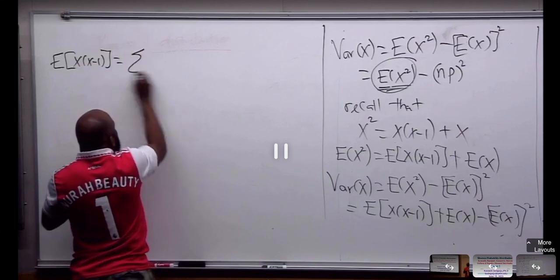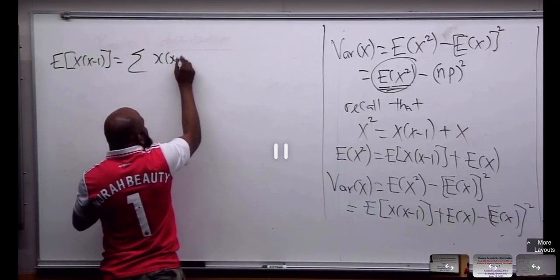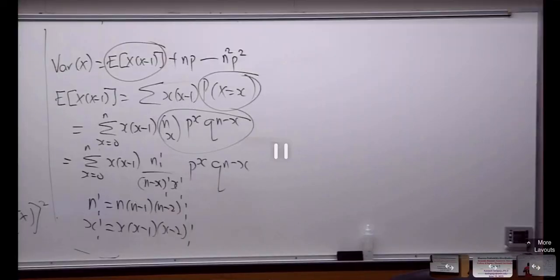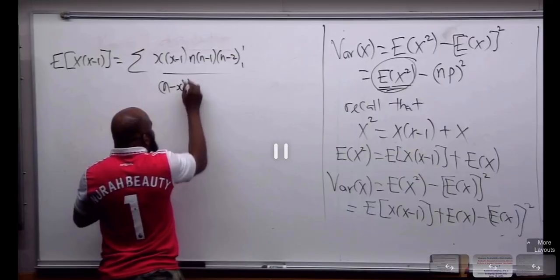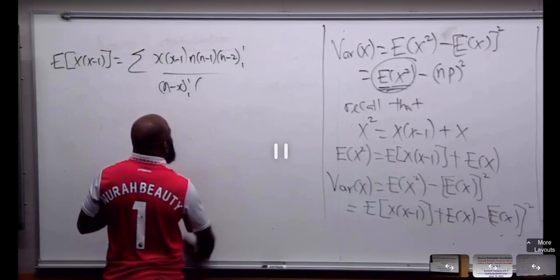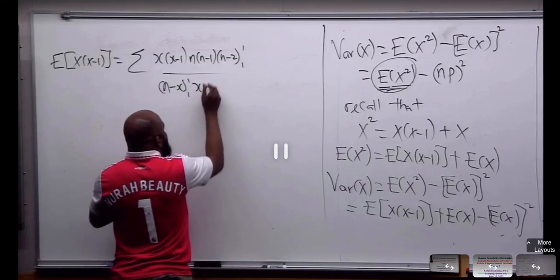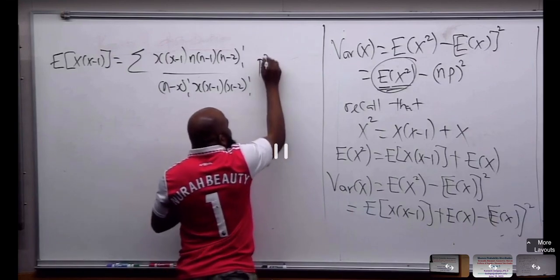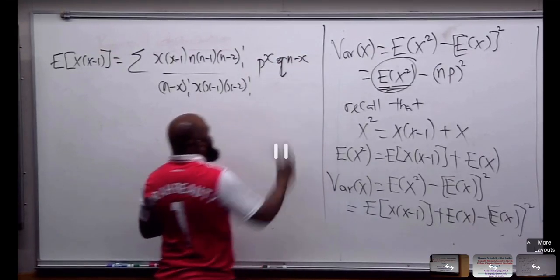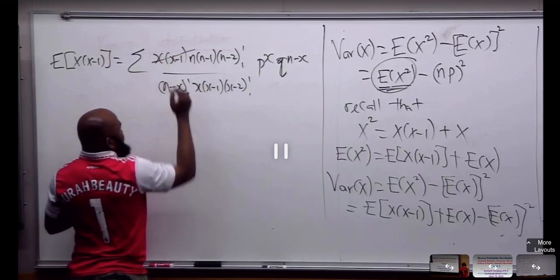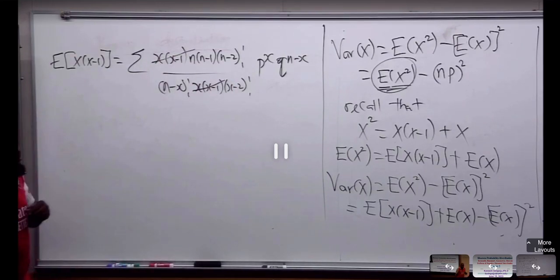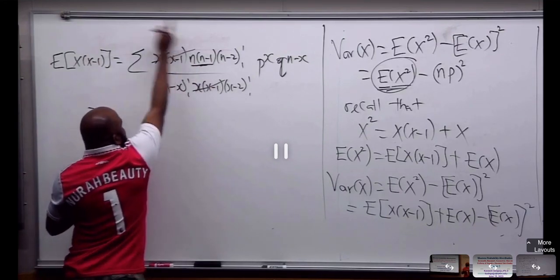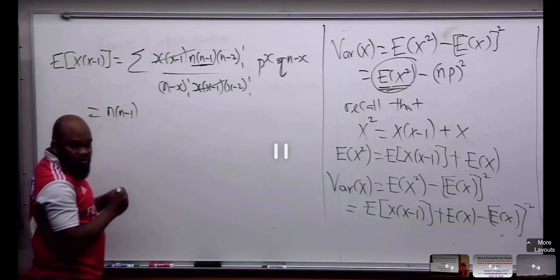I can just simply write summation for now, X into X minus 1, n into n minus 1, n minus 2 factorial, divided by n minus X factorial, then X factorial is going to be X into X minus 1, X minus 2 factorial, okay, p raised to power X, q raised to power n minus X. Okay, now this guy cancels that guy. Okay, now you're actually going to see this is going to come out, right?